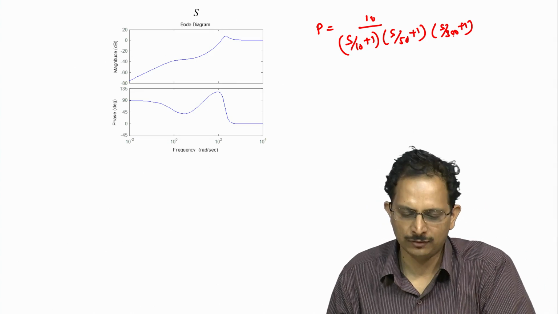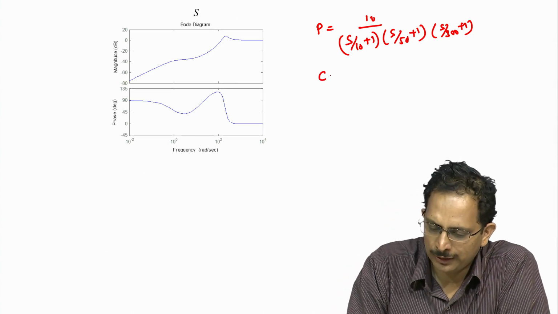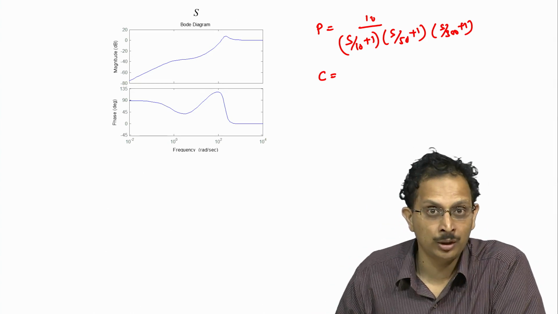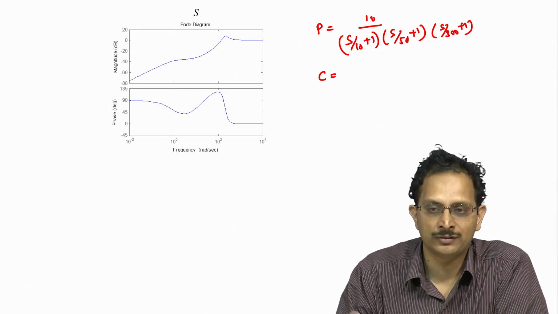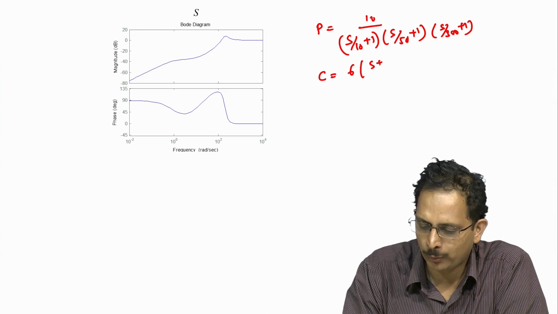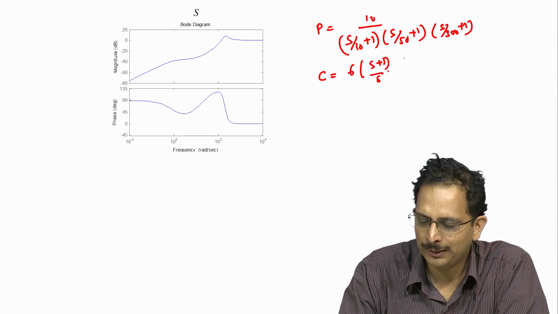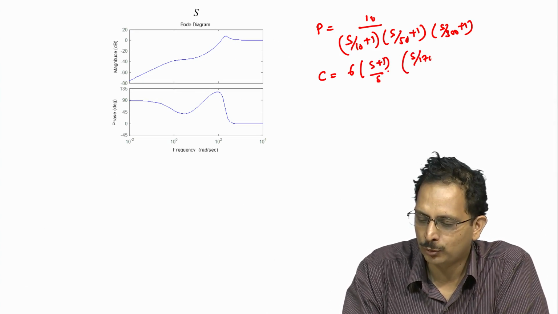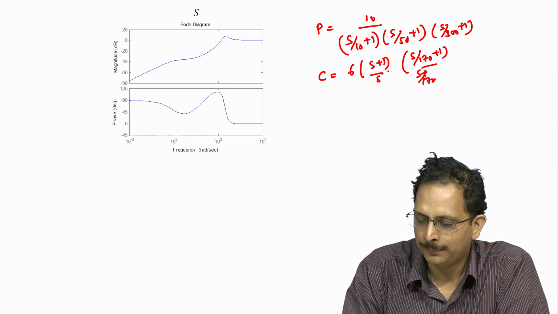This was the plant transfer function, and the controller transfer function, which was the PID controller that we ended up designing towards the end of the clip, was C equal to 6 times (S plus 1) by S times (S by 170 plus 1) divided by (S by 1700 plus 1).